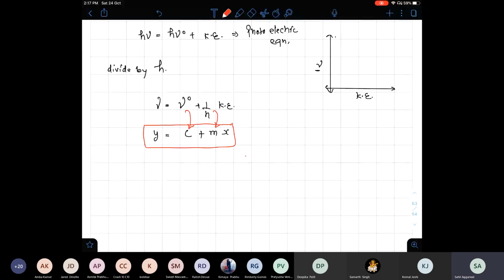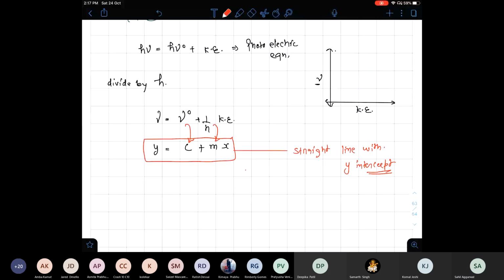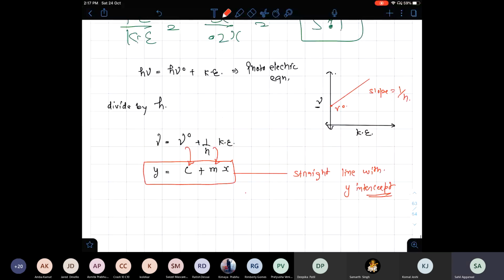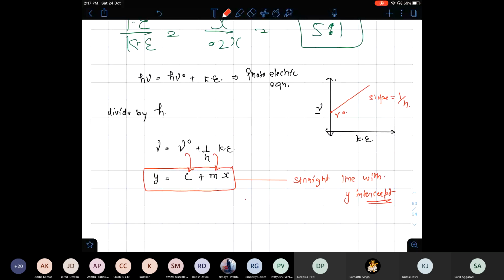It means a straight line with y-intercept. So here your intercept will become nu naught. Slope will become 1 by h. This will be the graph. Understood?